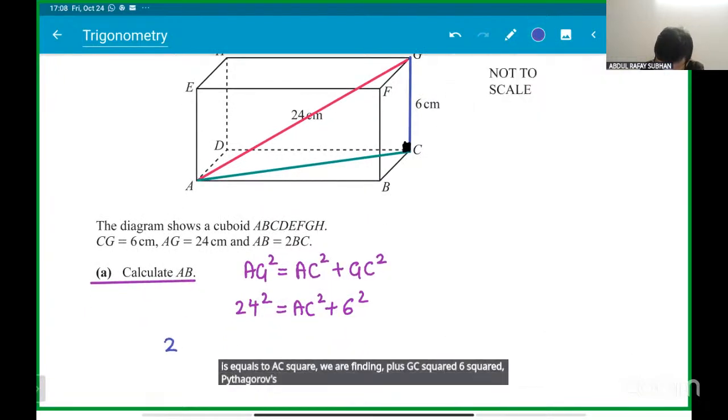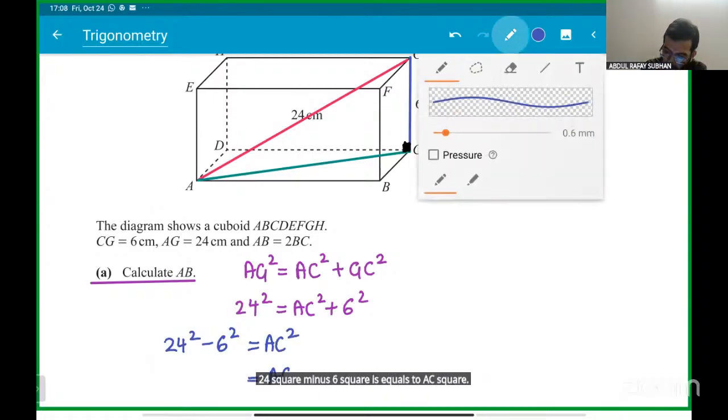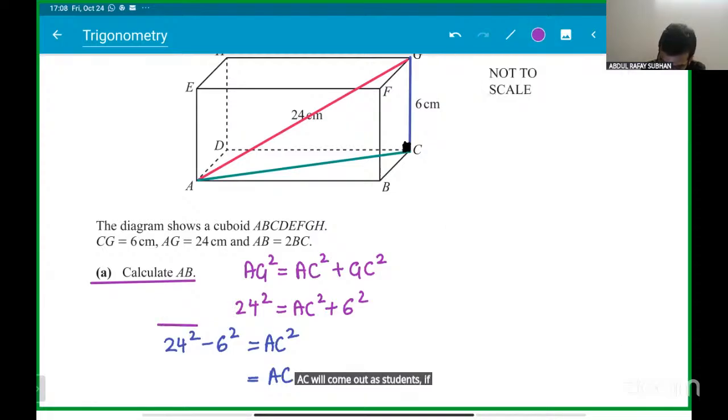Pythagoras theorem to be applied, sir. 24 square minus 6 square is equal to AC square. AC will come out as the square root of 24 square minus 6 square, which is 6 square root of 15, using the calculator.